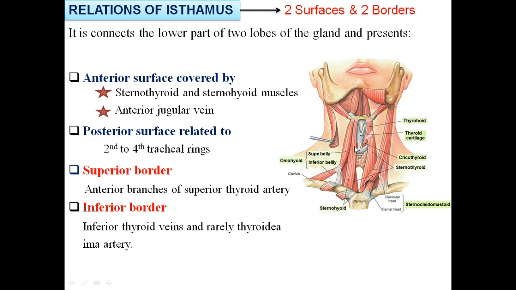The superior border of the isthmus lies with the anterior branch of the superior thyroid artery, and the inferior border of the isthmus is related with the inferior thyroid veins and rarely the thyroidea ima artery, which comes from the subclavian artery.